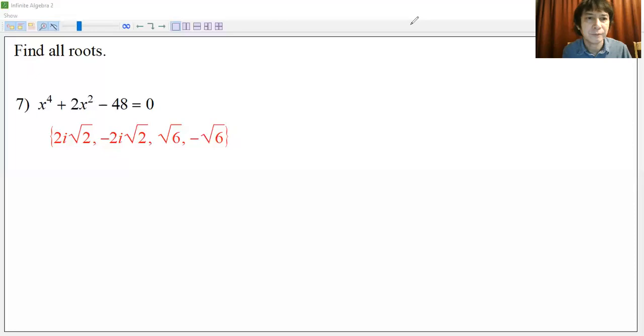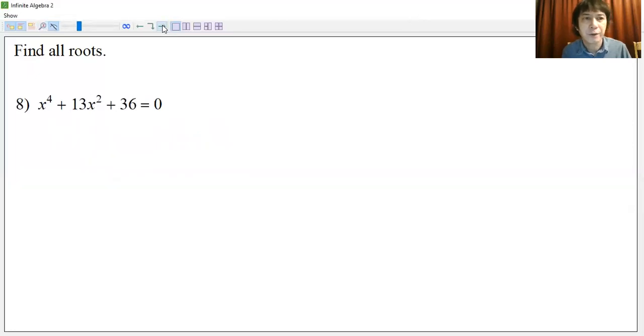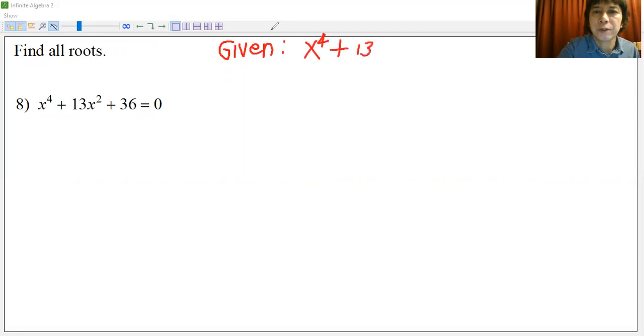Here's number 8. Find all roots of the equation x to the fourth plus 13x squared plus 36 is equal to 0. Let us start from the given. We have x to the fourth plus 13x squared plus 36 equals 0.